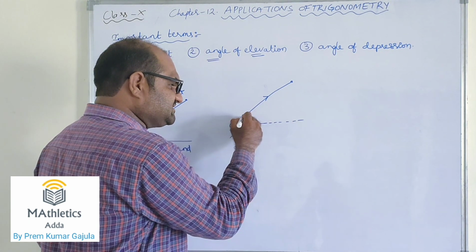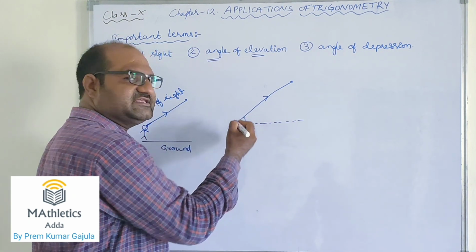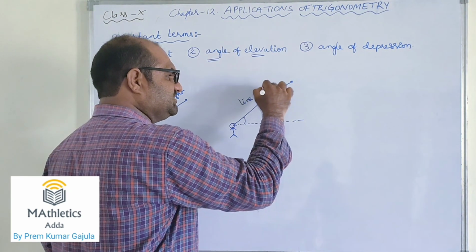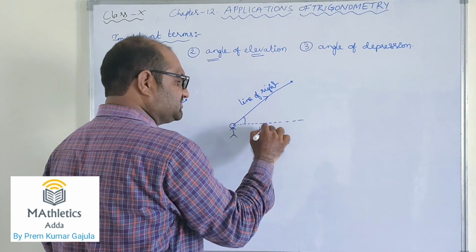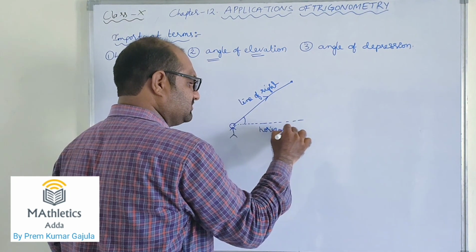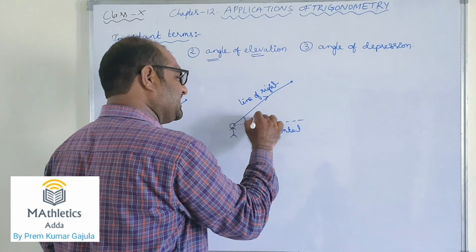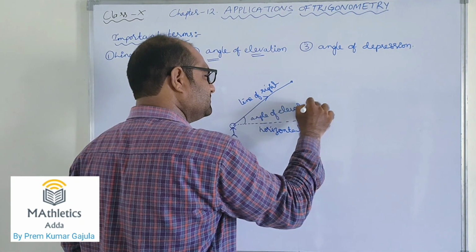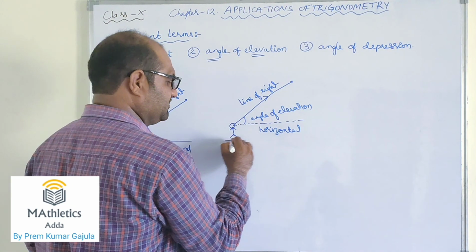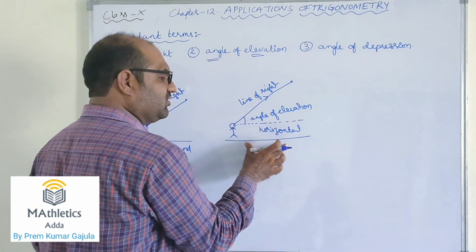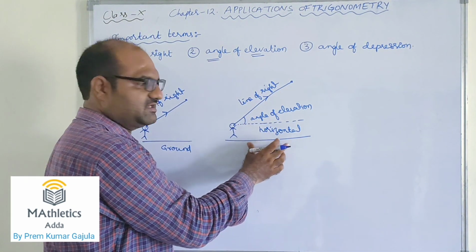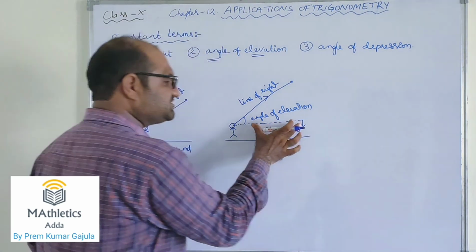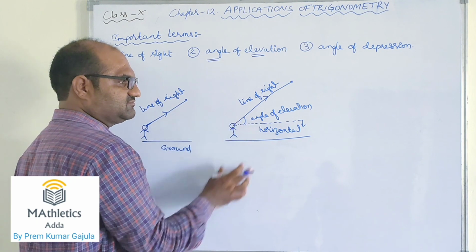Whatever angle is formed between the line of sight and the horizontal is called the angle of elevation. And remember, this horizontal should always be horizontal to the ground. This is generally called the horizontal, and it is drawn from the eye of the observer.